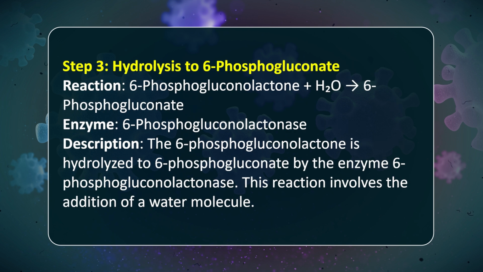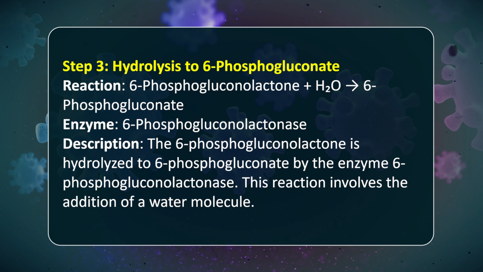Now, coming to step 3 of the ED pathway, that involves hydrolysis to 6-phosphogluconate. So, the 6-phosphogluconolactone that is produced in step 2, in combination with water, H2O, gives 6-phosphogluconate.